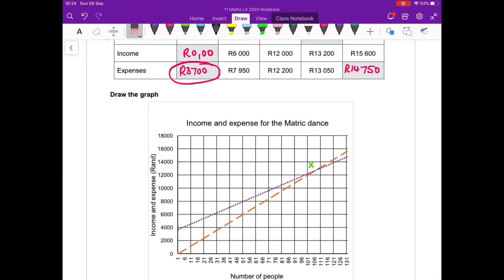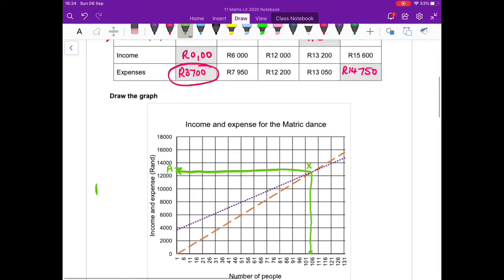Well, reading from the graph, at this point, you would take a ruler, and if your question says, from the graph, what would the cost be? So you have two values that make up your break-even point, and if they said mark the place with the letter A, you would read off there, and that is less than 13,000.